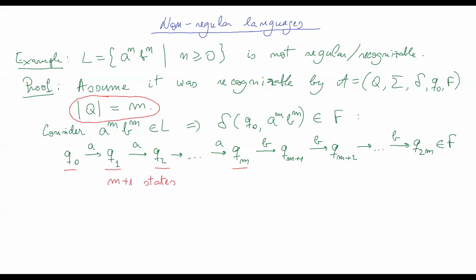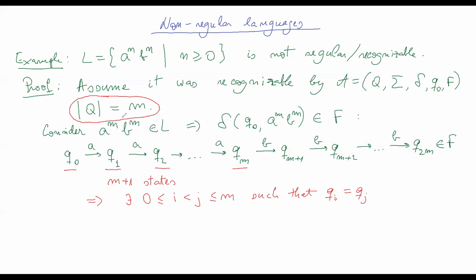Because you have M plus 1 states and only M states available, there have to be I and J such that Qi is equal to Qj. In other words, you have to use the same state twice. You really need M plus 1 states here, and you only have M, so there has to be a repetition of states.